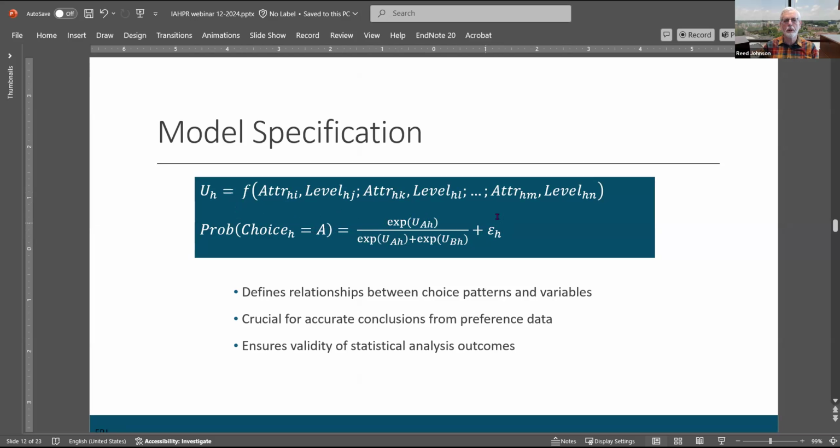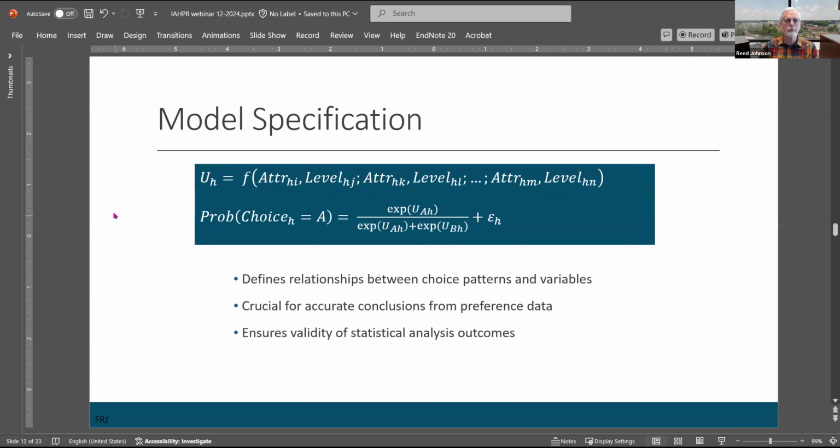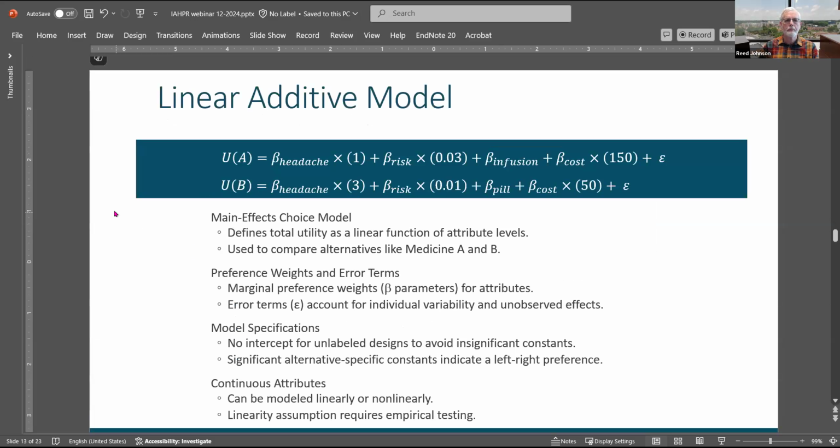We don't assume that people always accurately answer our questions. So this defines relationships between choice patterns and variables. We need to be able to link the preference estimates that we get to this underlying conceptual framework.